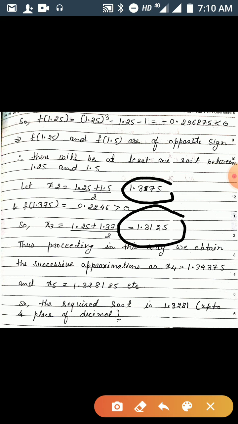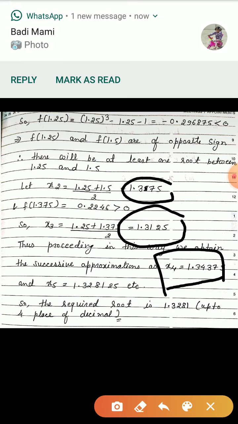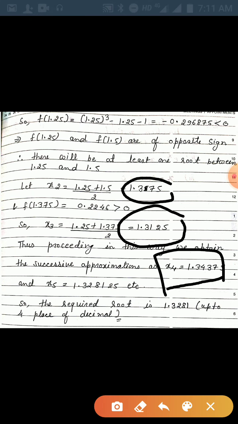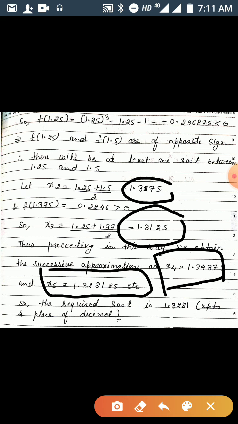In the similar way, find the sign of f(1.3125) and we get the next approximation as x4 is equal to 1.3437, and if we find x5, then we will get 1.328125. So let us compare all these solutions.